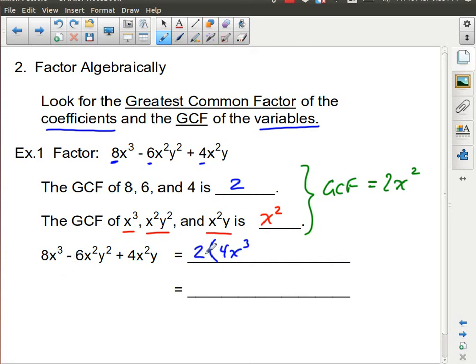This sign, because we're taking out a positive number, positive 2 times a negative, stays the same. And what do I multiply 2 by to get 6? 3 x squared y squared plus, what do I multiply 2 by to get this 4? That's times 2, x squared y. And now that I've done that, I'll leave that 2 out.